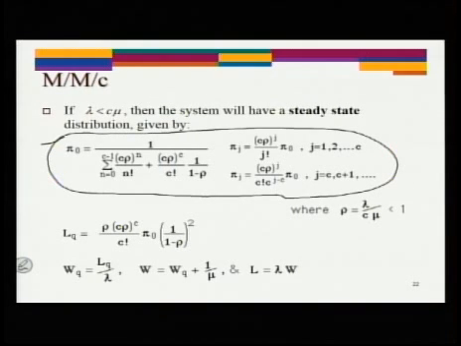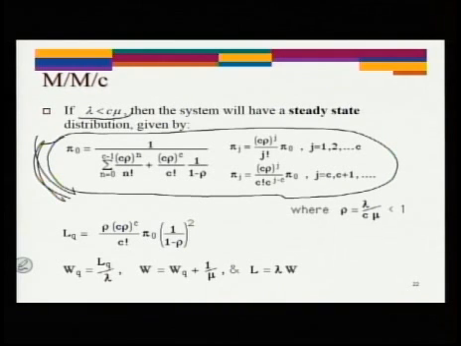So in this case, if the arrival rate lambda is less than the combined rate, which is C mu, at which the servers can work, then the system will have a steady-state distribution, which is given by this.